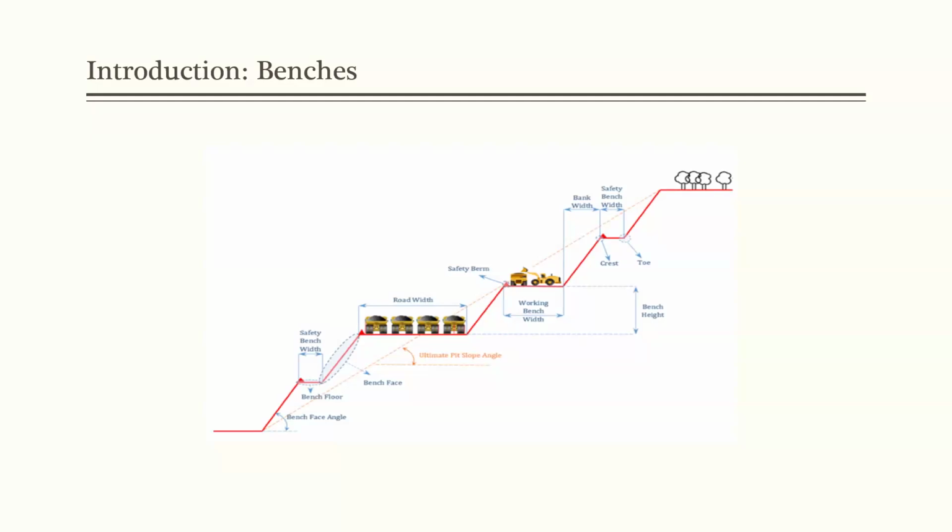So this is the horizontal extent of the bench, and then you have a crest, which is basically sort of the end of the far extent of the bench floor and the high end of the high wall.